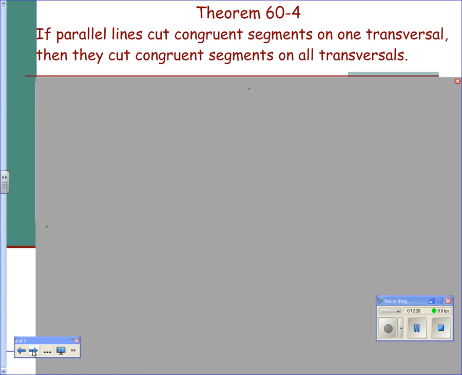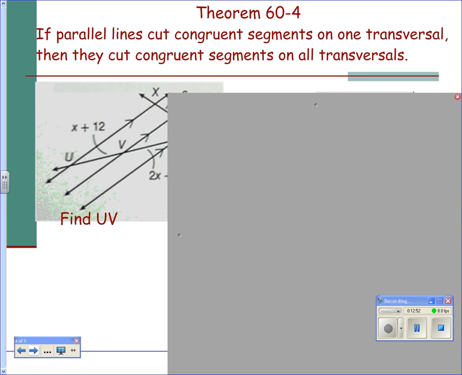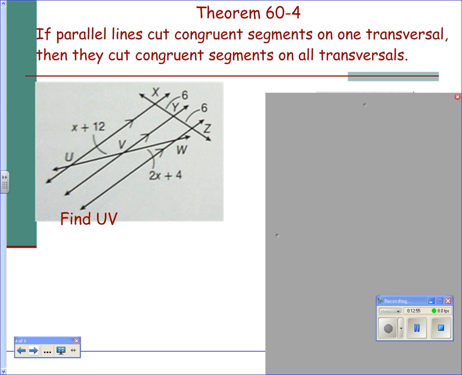And that's all that this theorem is saying. See if you can figure out UV.